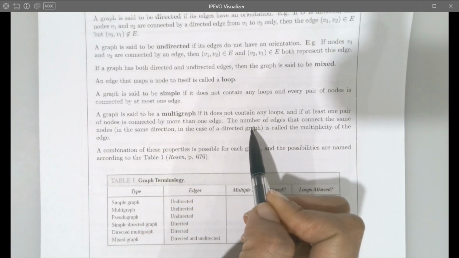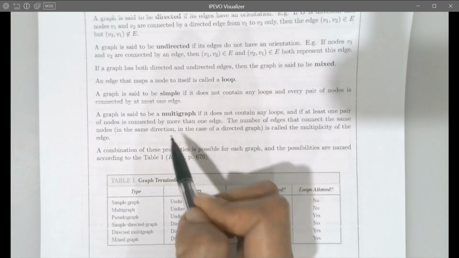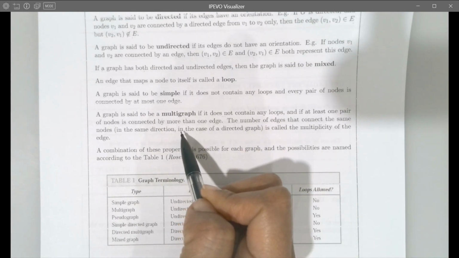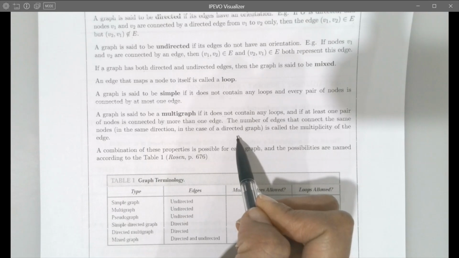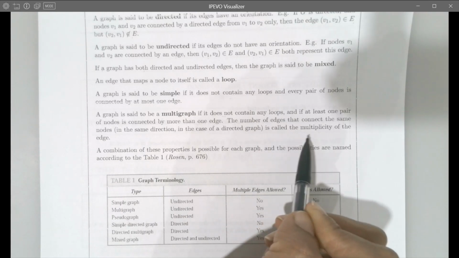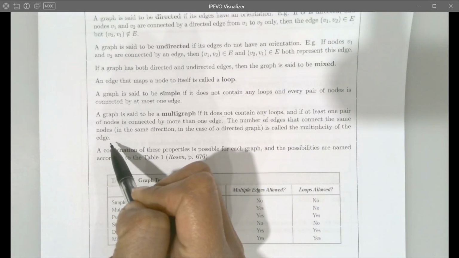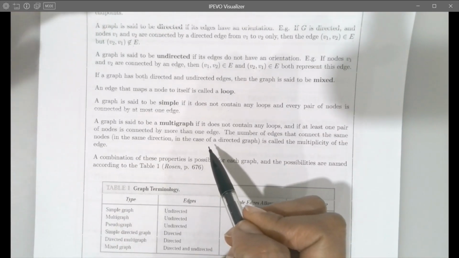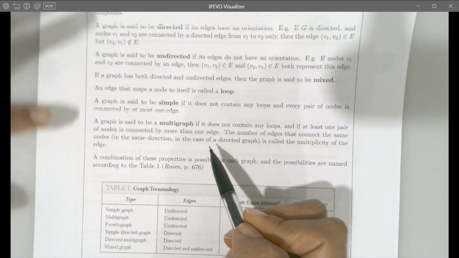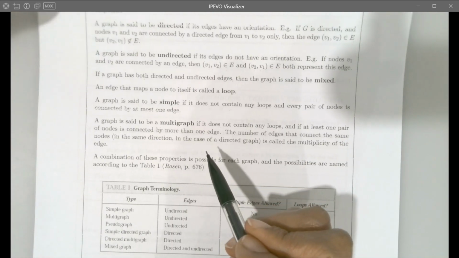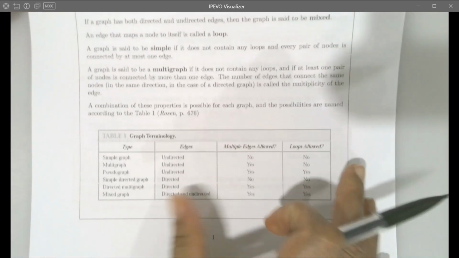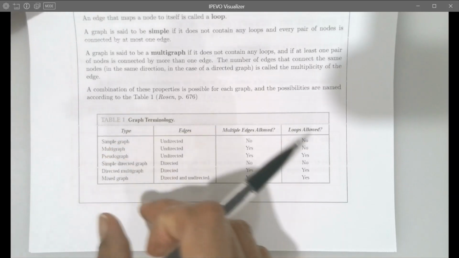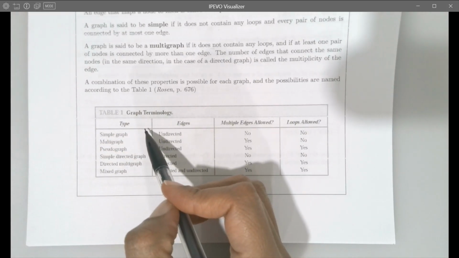The number of edges that connect the same pair of nodes, in the same direction in the case of a directed graph, is called the multiplicity of the edge. With a graph, we could have, for instance, a directed simple graph or an undirected simple graph. We could have a combination of those attributes, and those all receive their own type.